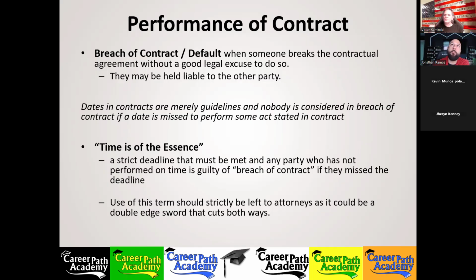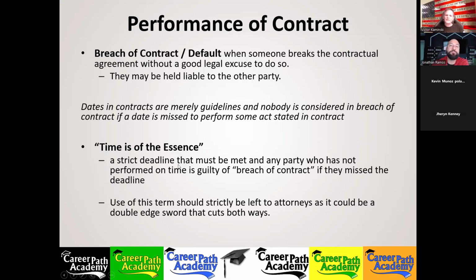But there are times where we want to make sure that things are done in a timely manner and that those dates do have a strict deadline. If that's the case, we're going to learn about this term called time is of the essence. Of the essence, it's very important.